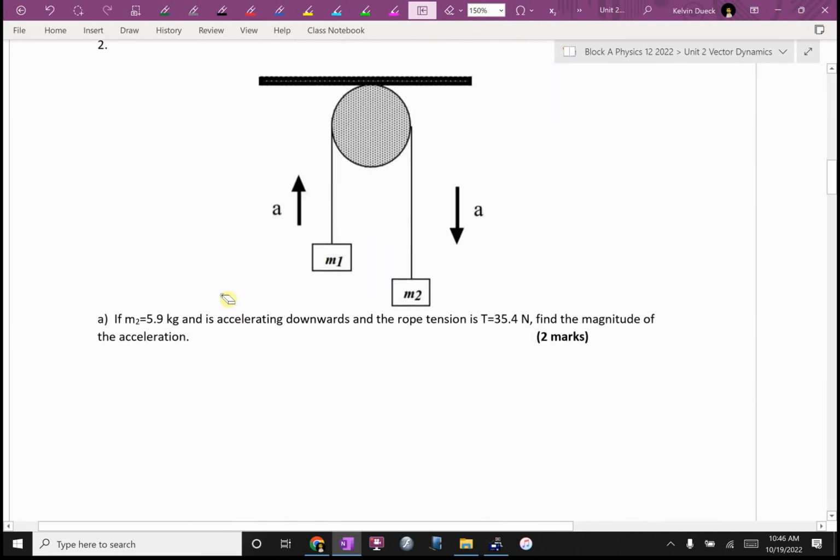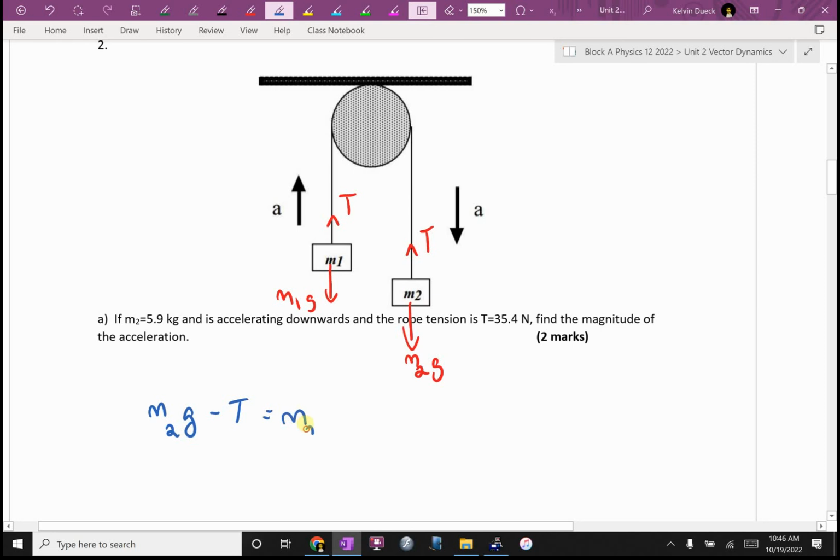Number 2. Find the magnitude of the acceleration. This is the job for a free body diagram. I have M1G, tension, M2G, tension. It didn't give me M1, so I'm going to find the acceleration by just writing an equation for M2. It told me M2 is accelerating down, so my equation must be M2G is the winner, tension is the loser.